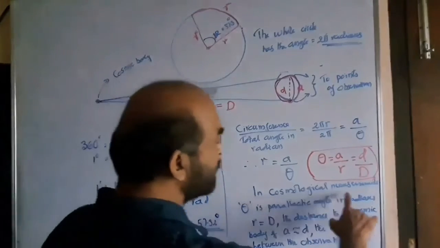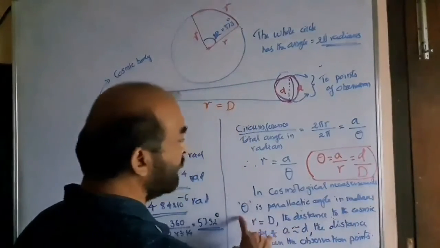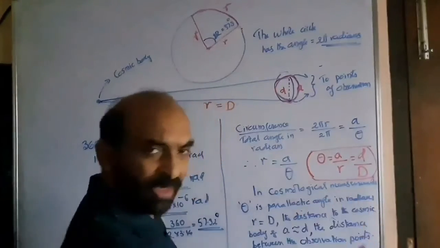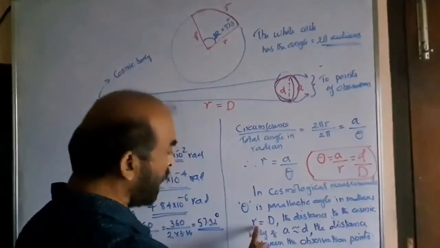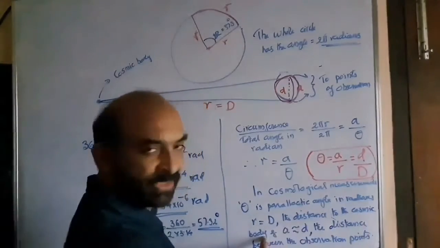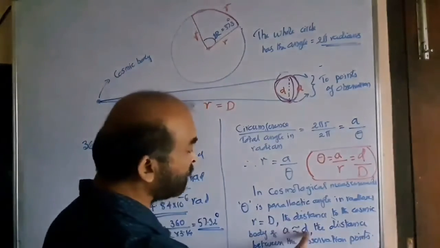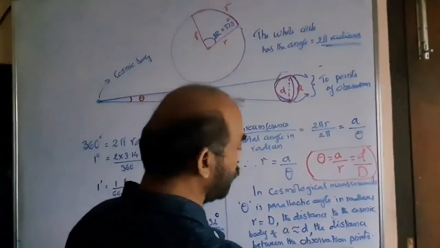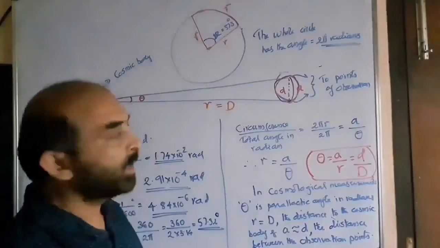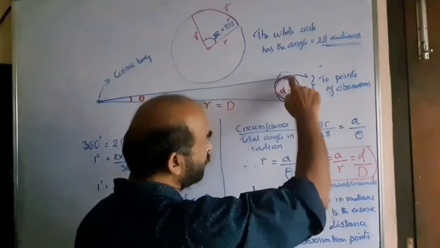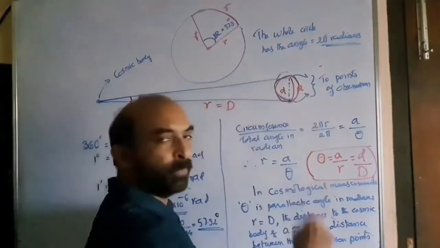In cosmological measurements, theta is the parallactic angle in radians. We have already mentioned that. R is equal to D, the distance to the cosmic body like a star, etc. And a, approximately equal to d, the distance between the two observation points. That is, the arc length is the distance between the two observation points.